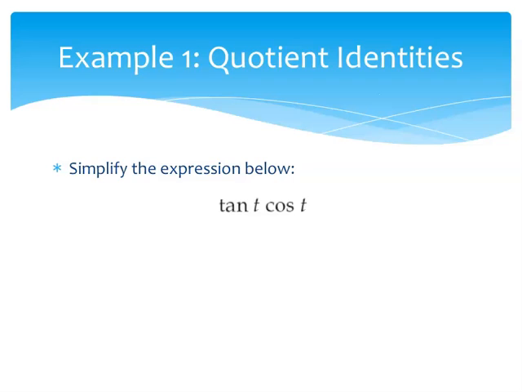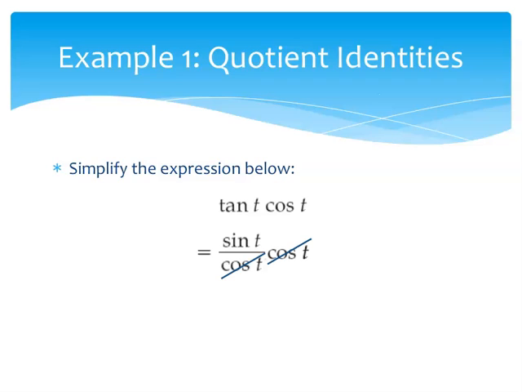Now, because we know tangent of t is equal to sine of t over cosine of t, what we can do is replace tangent of t with sine over cosine of t. Now, how does that help? That looks like it gets more complicated. But if you look at what we have left, now we have a cosine of t in the denominator, which will cancel out with the cosine of t that was already given to us.